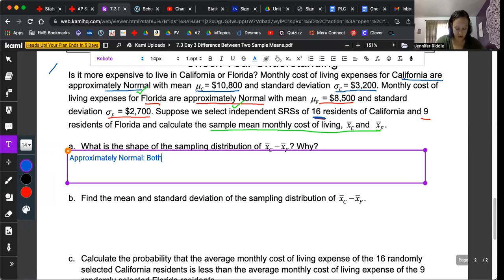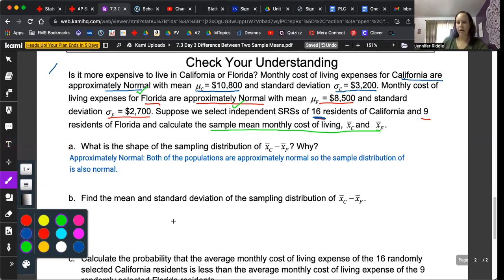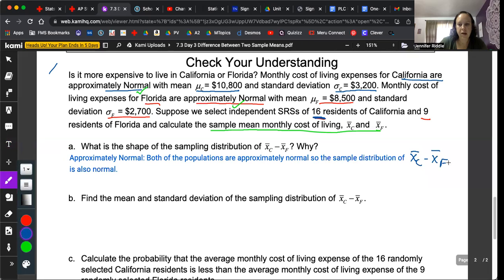So the sampling distribution of X bar C minus X bar F is also normal. I'm writing in approximately normal: both of the populations are approximately normal, so the sampling distribution of X bar C minus X bar F is also normal.